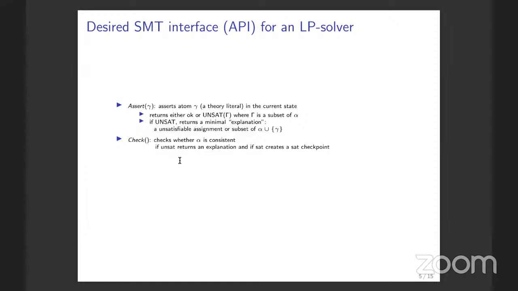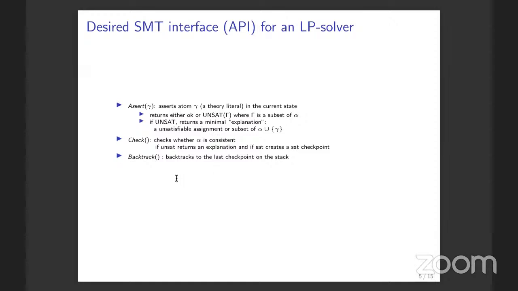Additionally, it can create checkpoints after it does a SAT, because DPLL(T) typically backtracks. So wherever you have a SAT, you can make a checkpoint after every check. If it is unsat, then of course you will give an explanation and you're done.